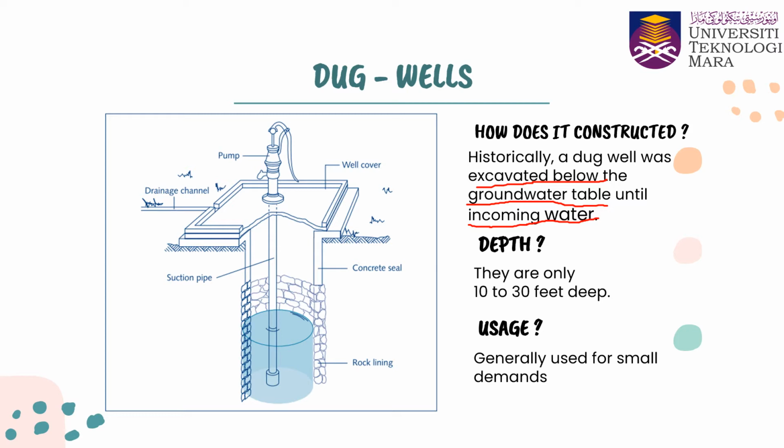The depth of a dug well is basically 10 to 30 feet. The usage is generally only for small demand. So this is how it looks like. The water below the groundwater will be pumped upward.